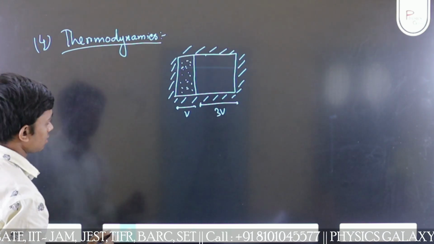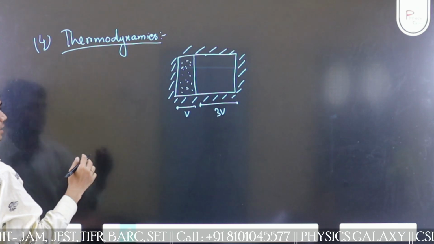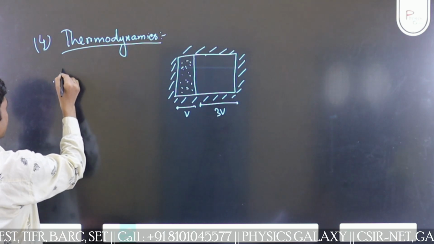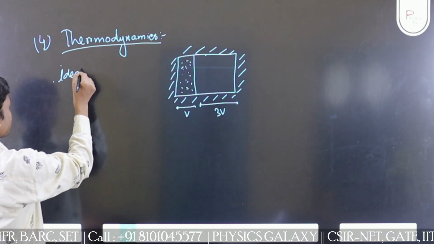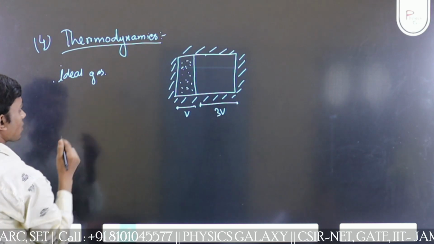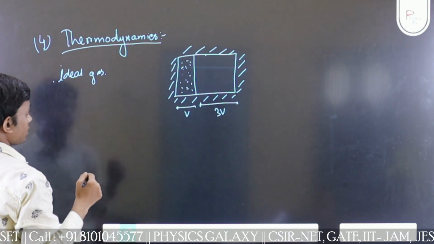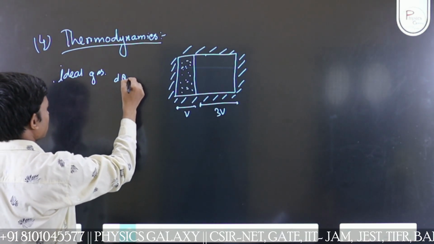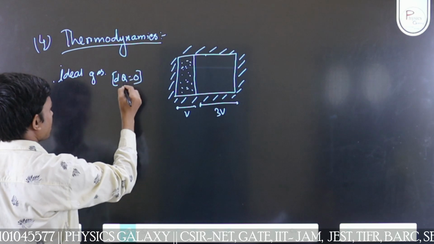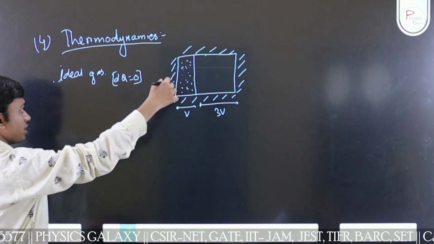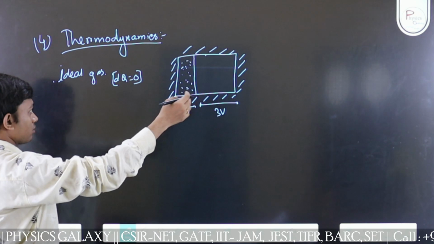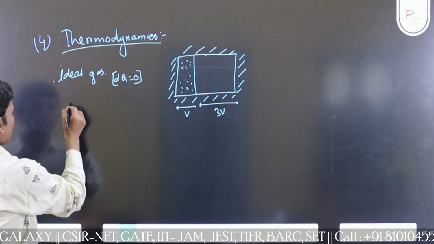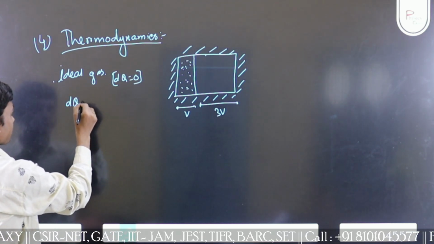I can write. I told them I assumed that the gas is an ideal gas, and here it is an insulated system, so dq of the system does not come from the outside or go into the outside region.